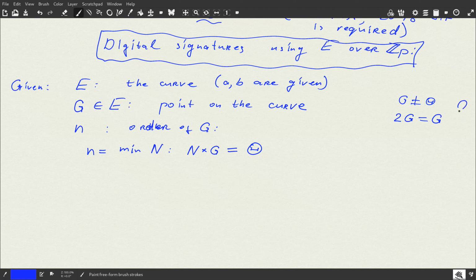Although it is a question actually whether it may exist in real situations. But the order of the element is indeed the minimum n such that n times G is theta.